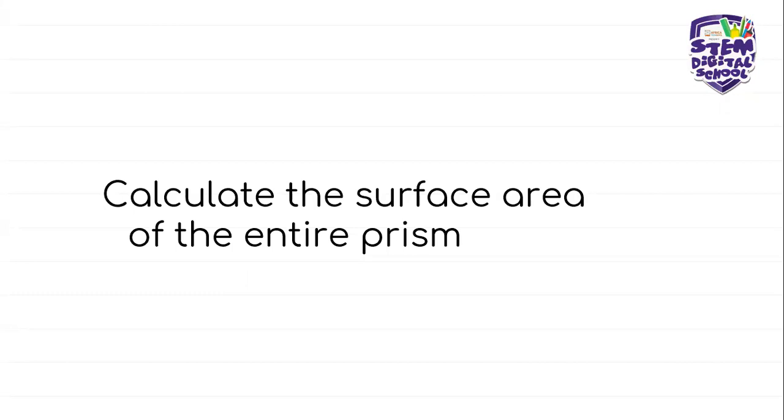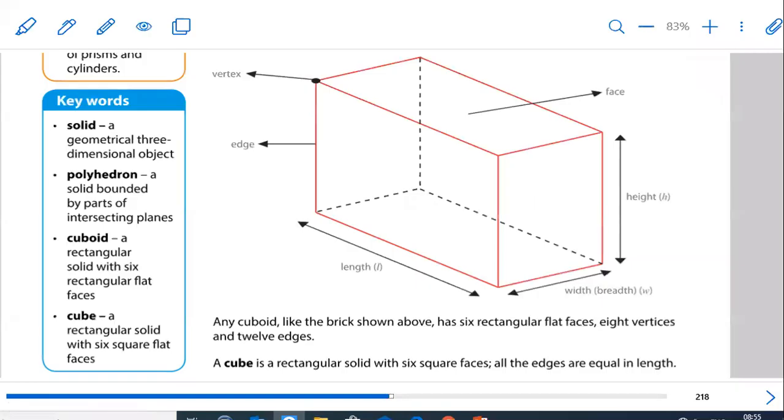And I'm going to give you some examples once we are done. I'm sure this will help you to calculate the surface area of this particular prism. Remember that any solid consists of a vertex or vertices if there's more than one, then a face or faces if there's more than one, and edges as well.